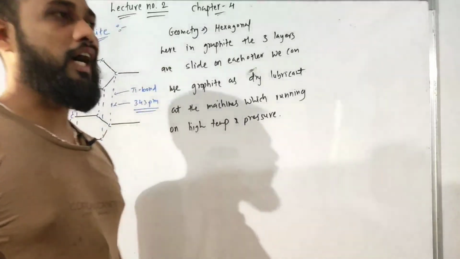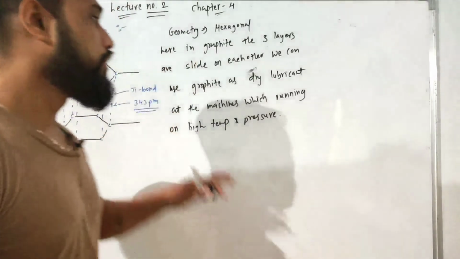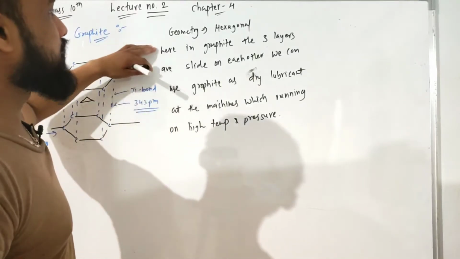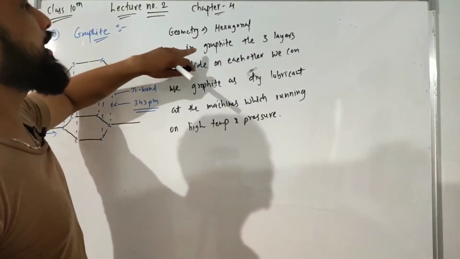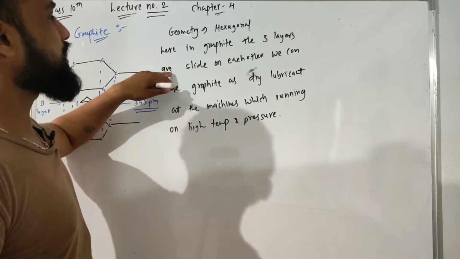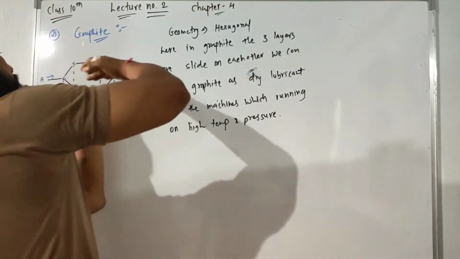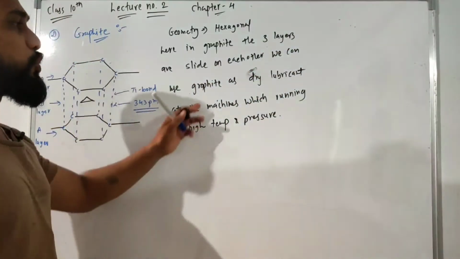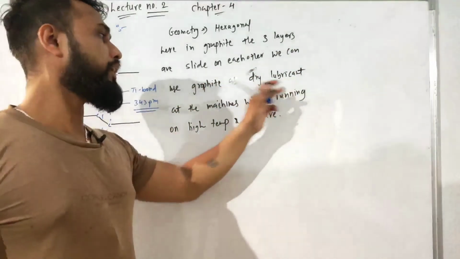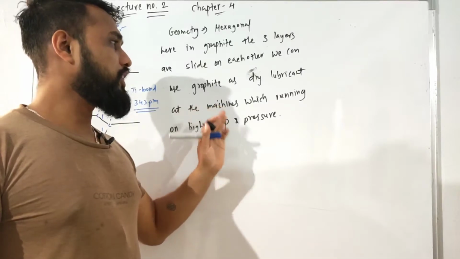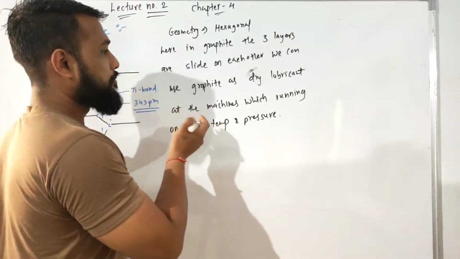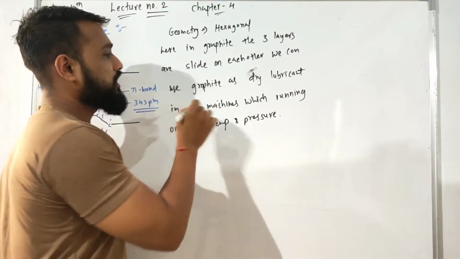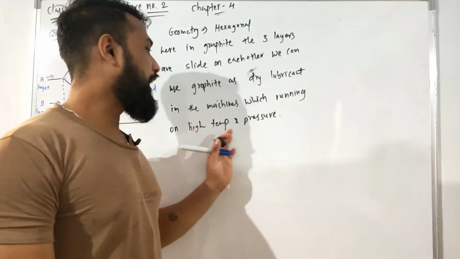If a question is asked to you, you can write the answer like this: here in graphite the 3 layers slide on each other. Because of this we can use graphite as a dry lubricant in machines which run at high temperature.